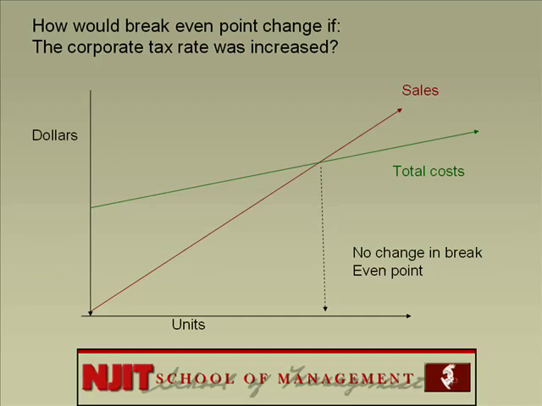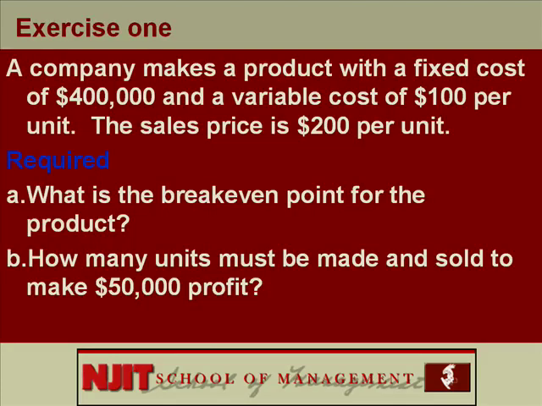Before we go on, let's do a problem. It's going to come up next. Here it is. A company makes a product with a fixed cost of $400,000 and a variable cost of $100 per unit. The selling price is $200 per unit.